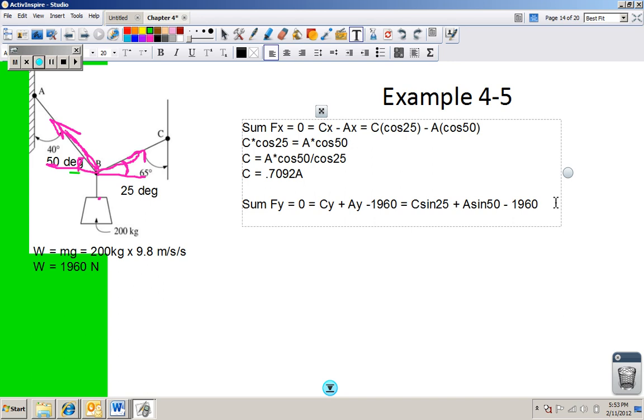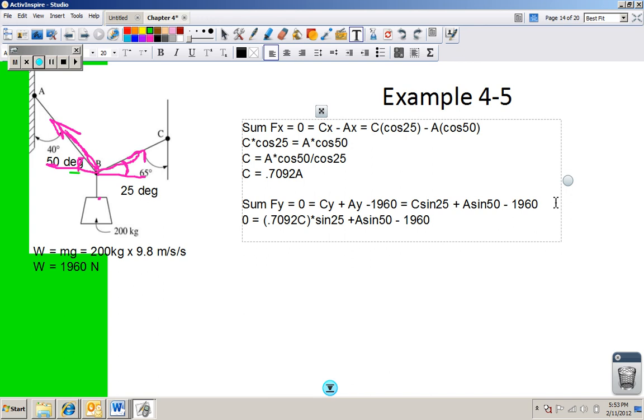We're going to plug in for C. Okay, so we have 0 equals 0.7092 A times the sine of 25 degrees plus A sine 50 minus 1960.